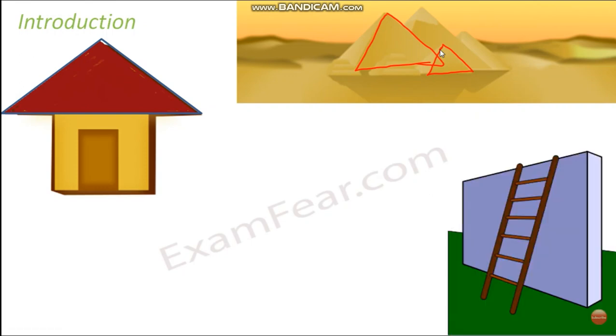Think of a situation where you climb up a ladder to reach something on an upper shelf. Now you have to place your ladder. You might be thinking that you do not really see a triangle, but there actually is a triangle in this situation.